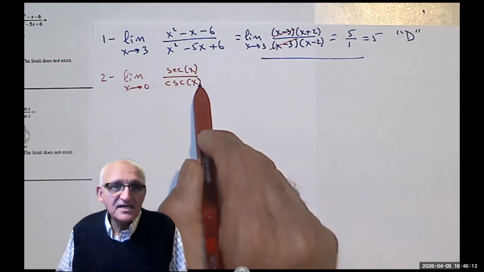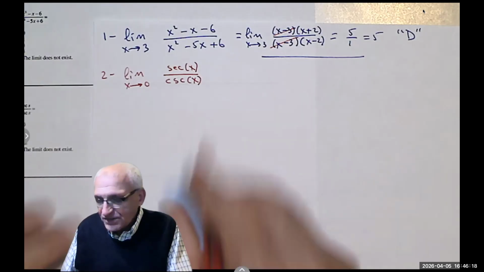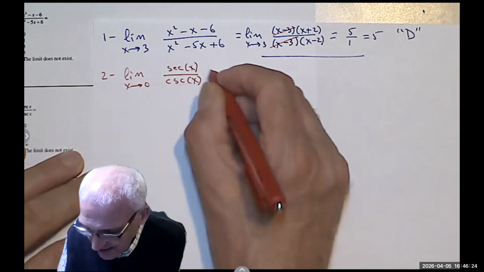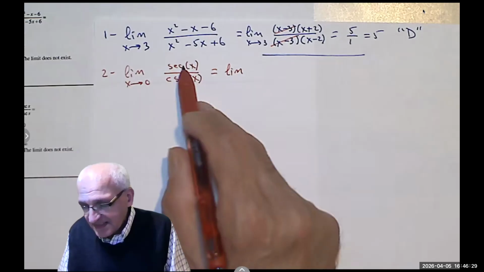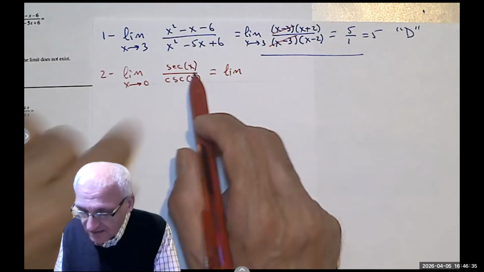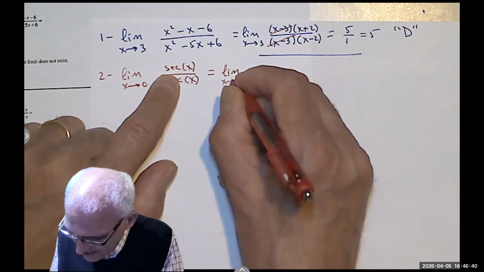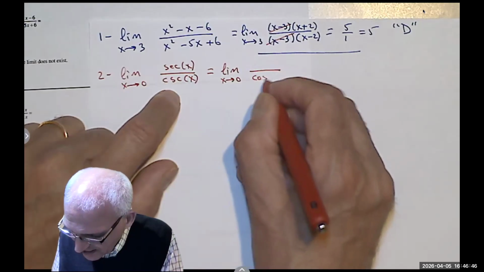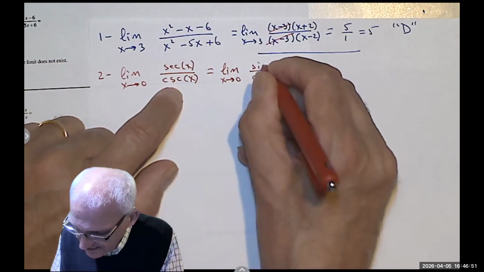Cosecant x is the reciprocal of the sine, so it's 1 over sine. I can write this as 1 over cosine of x, and the cosecant as 1 over sine of x.